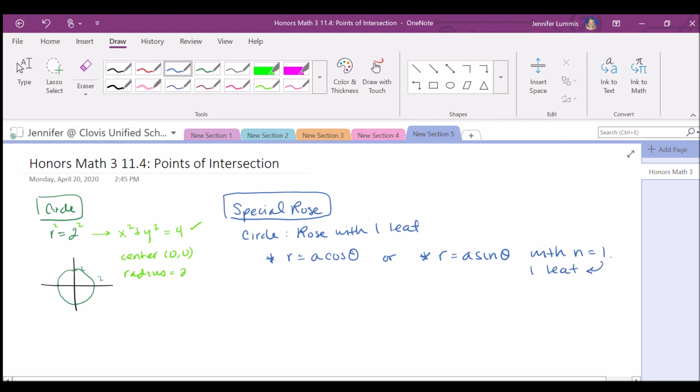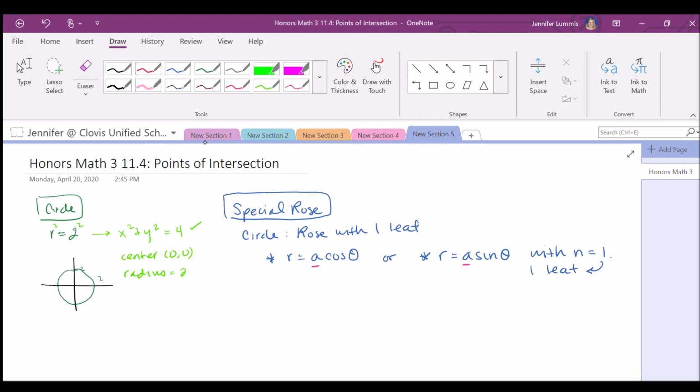All right. So to sketch these, we'll just keep in mind that a, like before, is going to tell us the distance from the pole to the end of the leaf, 1 leaf, and then cosine and sine is just there to tell us which axis it lies on.